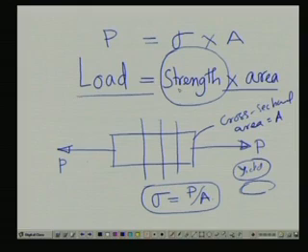So, the stress generated will have a maximum limit, where we consider, say, the yield strength. The yield strength of the material multiplied by the area is the maximum amount of load.